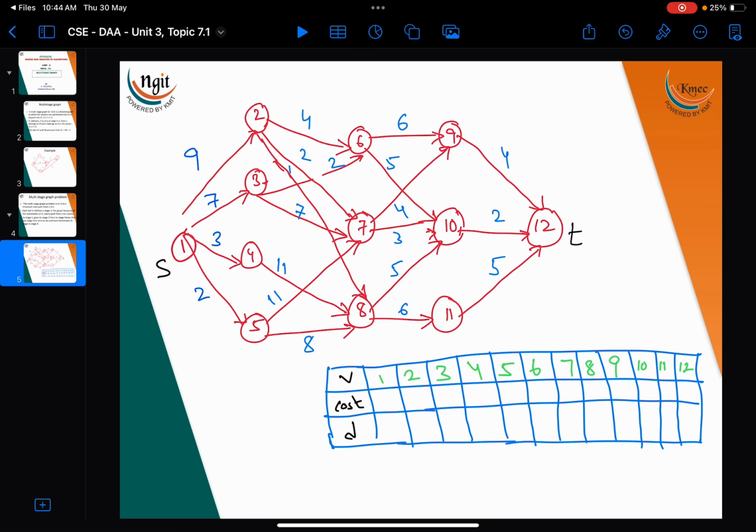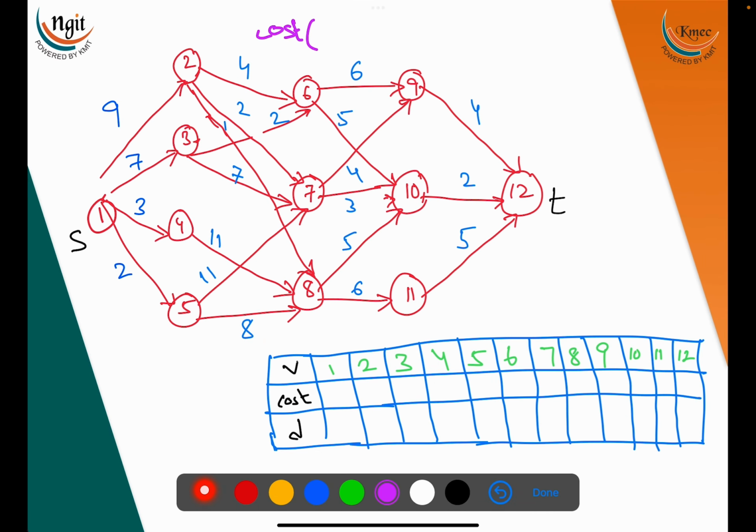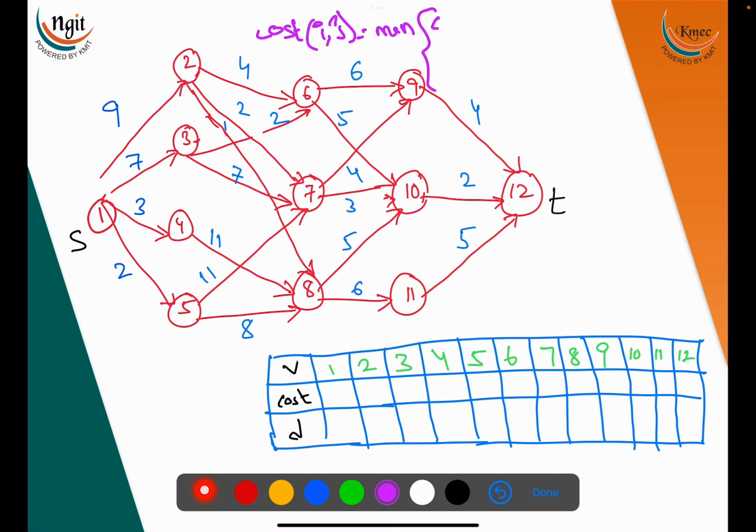So I'll write it on another slide. The cost of i comma j is equal to the minimum of C of j comma L plus cost of i plus 1 comma L, where j comma L belongs to edges and L belongs to V i plus 1.